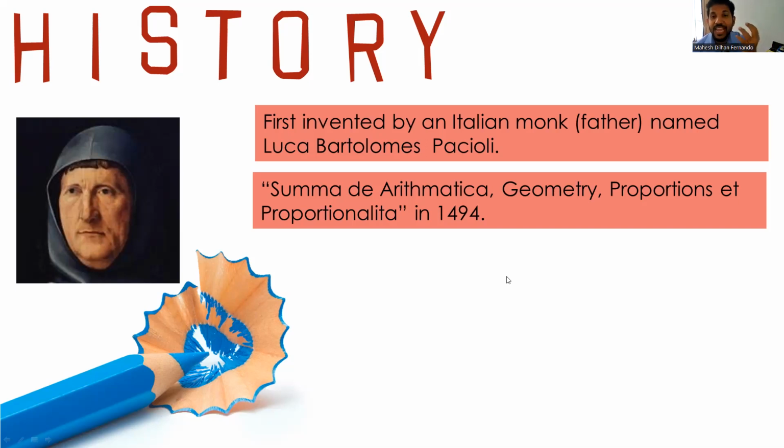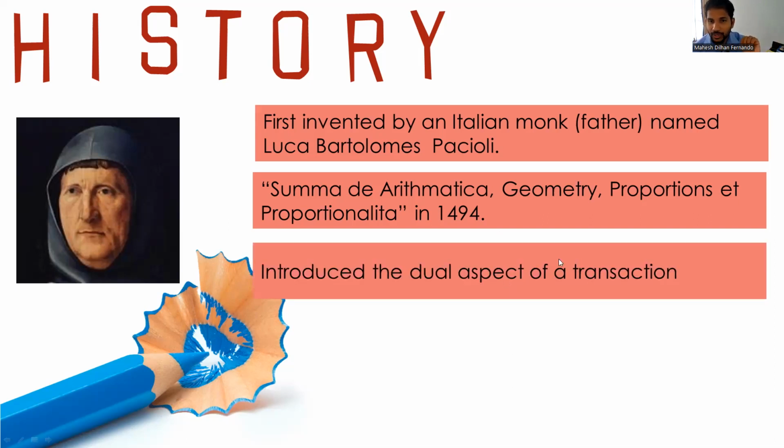Let's give a name for those changes. I'm introducing two words now, debit and credit. I think sometimes you have heard of them. In this lesson I'm introducing those two words to you, debit, credit. Good. This is the short history regarding the subject.